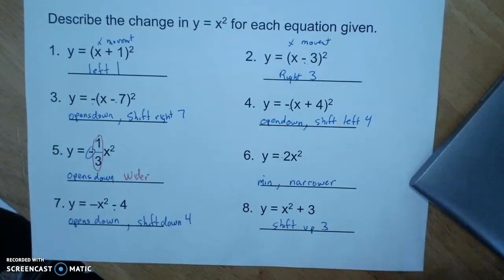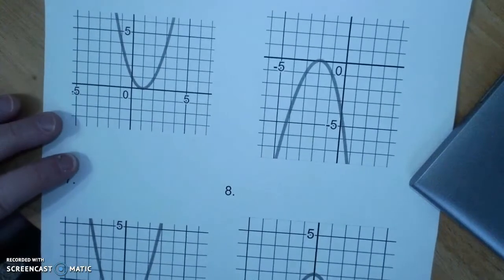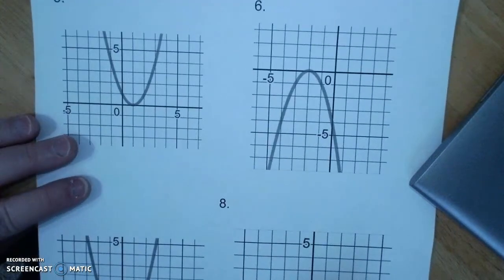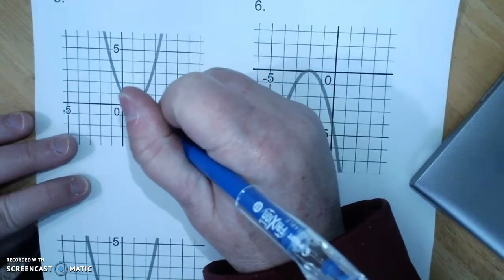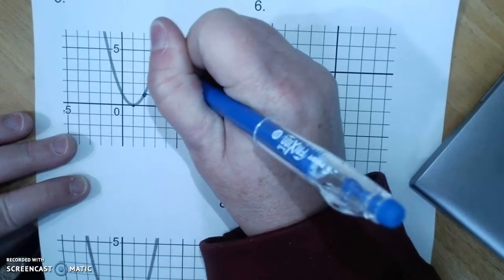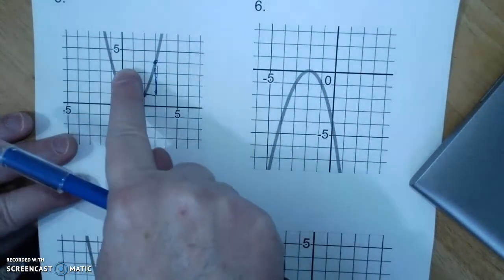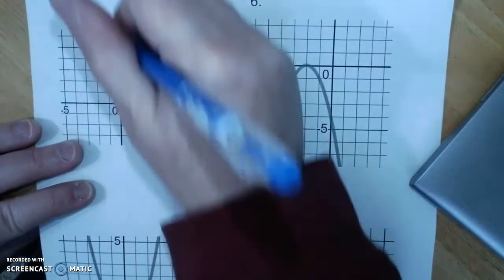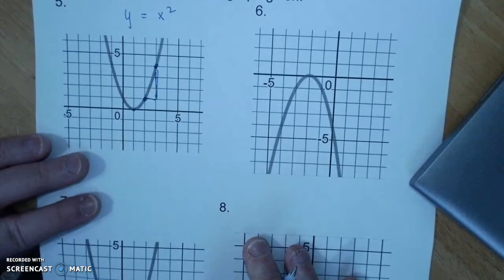reflects. Okay. The next one is you're going to have to write the equations. I'm going to still tell you to check your 1s and 3s. So from the vertex, I go over 1, up 1, and then I go over 1, up 3. And it does make this little (1, 3). So this is x squared. y equals x squared. It didn't narrow or widen.